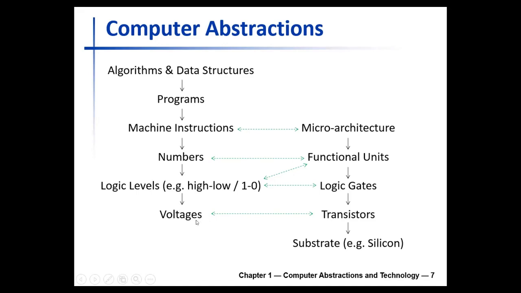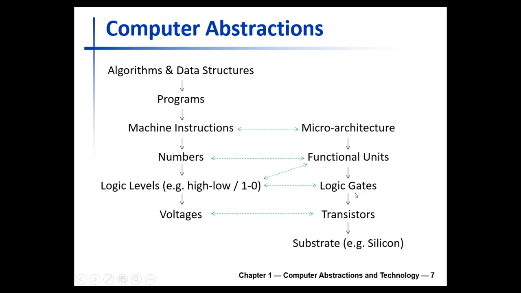Those ranges of voltages depend on the type of transistors that you use, right? If the type of logic that you use is, say, TTL, the ranges of voltages are different to CMOS transistor-based logic gates, right?